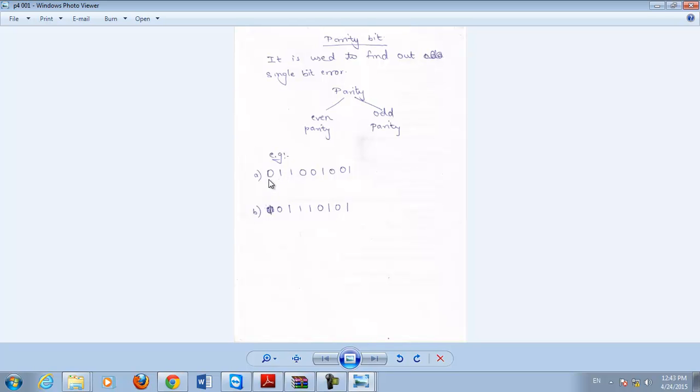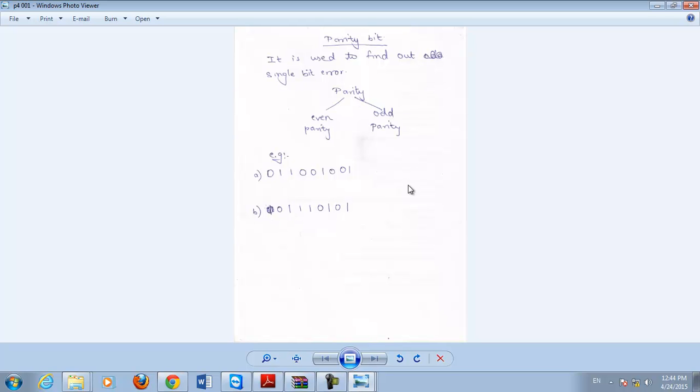At the leftmost side you enter 1 bit, the parity bit, to denote that the number of ones in the data sent is even. In the next example, 1, 2, 3, 4, 5, the number of ones is 5. It means there is odd parity, so we enter 1 as the parity bit.